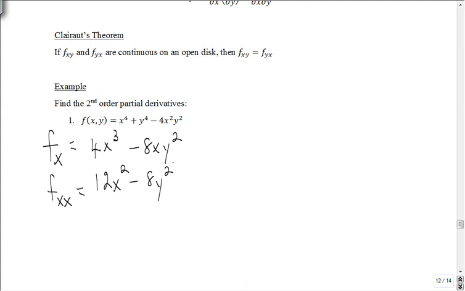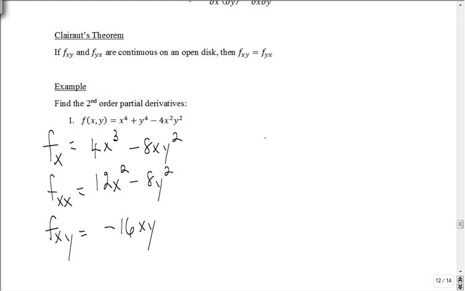Let's go further. Let's find fxy. What are we doing? We're taking fx and partially differentiating it with respect to y. Can another person give me that, please? Minus 16xy. Beautiful. All right, so that's the fx.